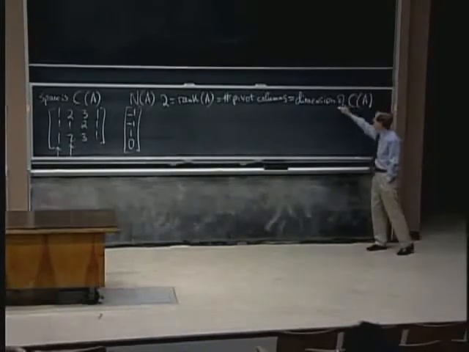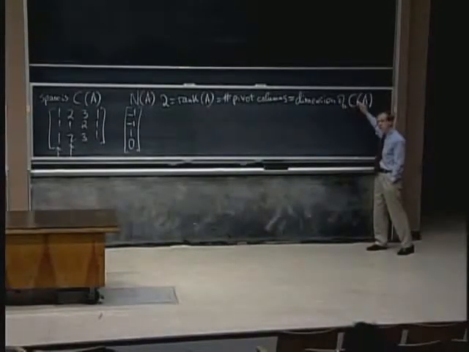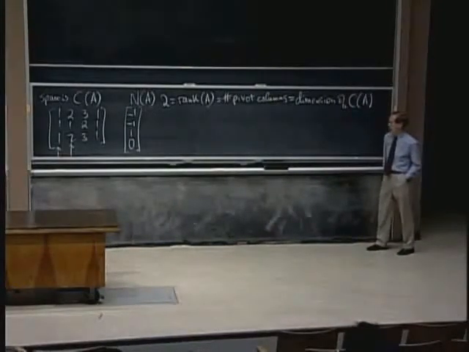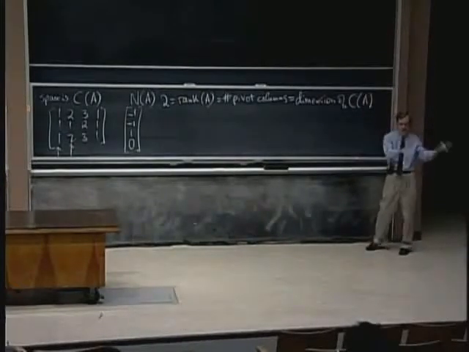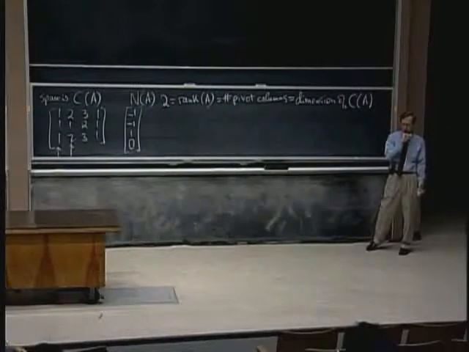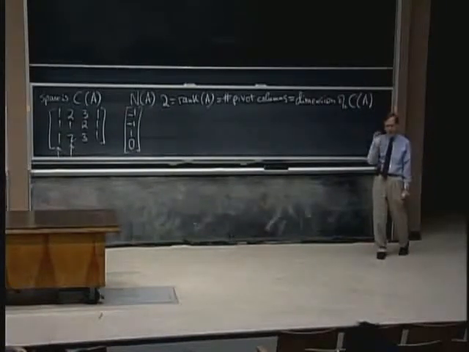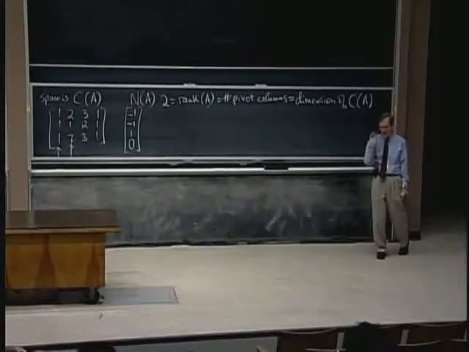It's the dimension of a space, a subspace, the column space. Do you see? I don't take the dimension of A. That's not what I want. I'm looking for the dimension of the column space of A. If you use those words right, it shows you've got the idea right.